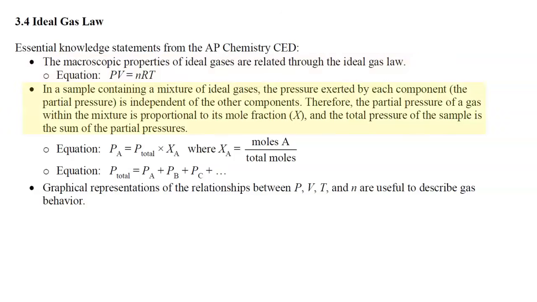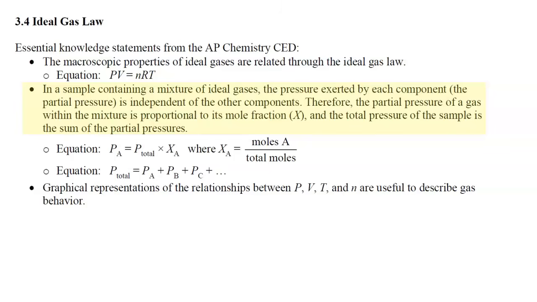In a sample containing a mixture of ideal gases, the pressure exerted by each component, which is the partial pressure, is independent of the other components. Therefore, the partial pressure of a gas within the mixture is proportional to its mole fraction, and the total pressure of the sample is the sum of the partial pressures.